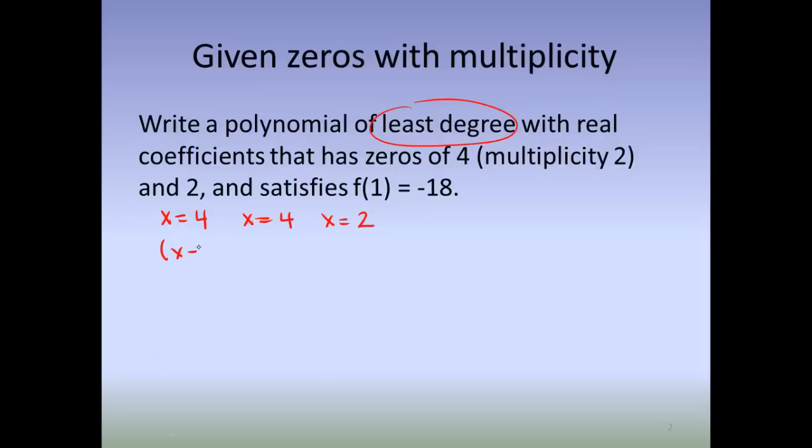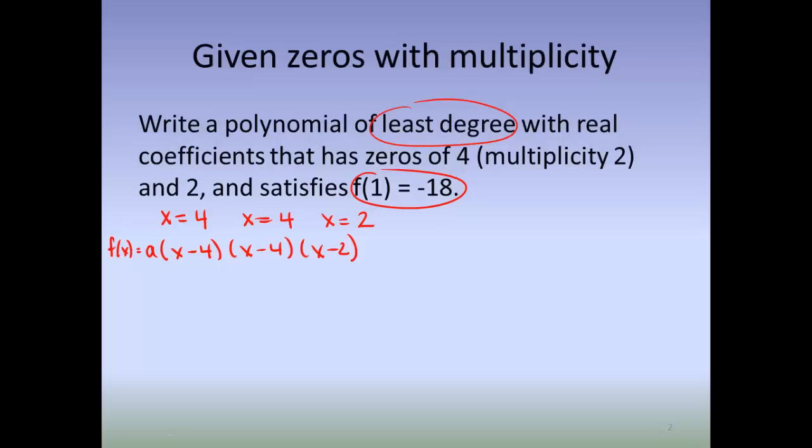So that's going to give me x minus 4, and x minus 2. Now they're telling us this extra information, which means that we're going to have a lead coefficient other than 1. So I'm going to put in a for that lead coefficient, and we're going to use the f of 1 equals negative 18 to find it.